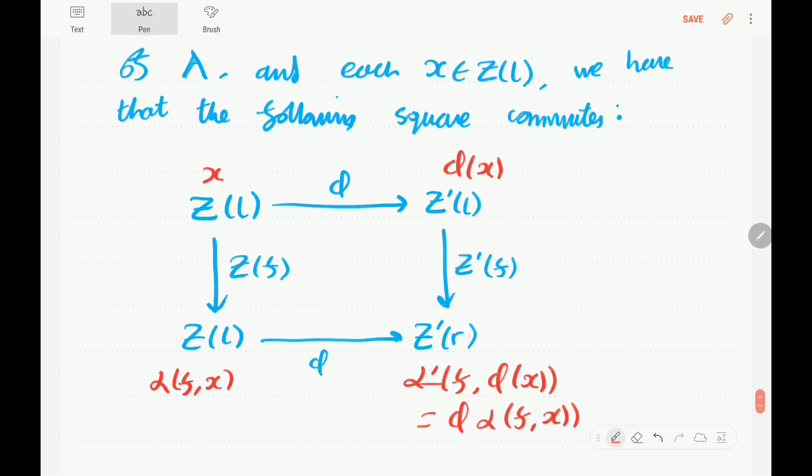So the long shot of this is that we're going to have the alpha dash of f at phi x, that's this way around, equals phi of alpha of f of x.